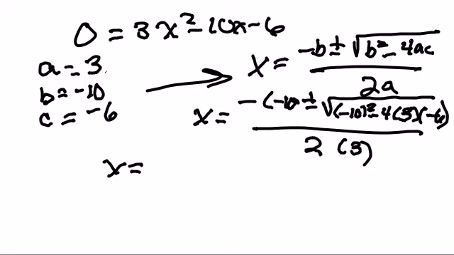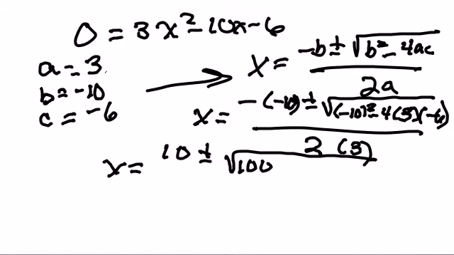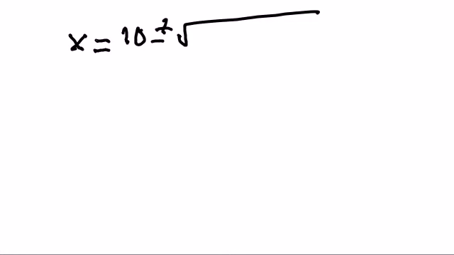So x equals, well, negative 10 is going to be 10 plus or minus square root, well, I'm going to have 100, negative and a negative, plus 4 times 3 times 6 is 72 all over 2. So now we're going to have x equals 10 plus or minus square root, and 100 plus 72 is 172 over 2.